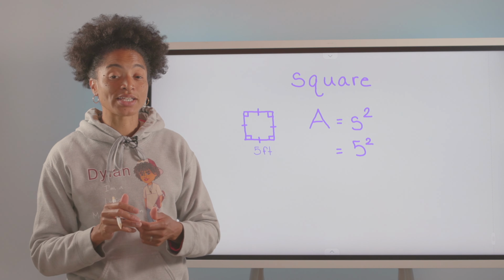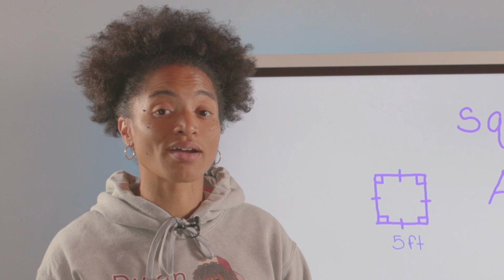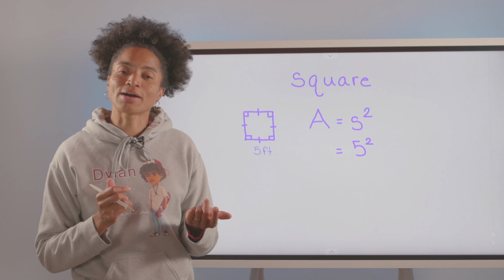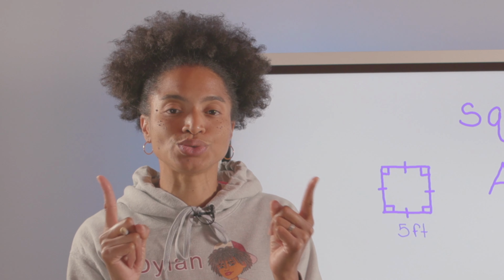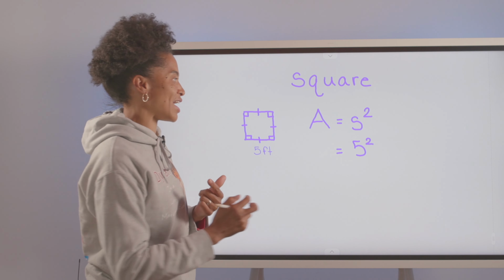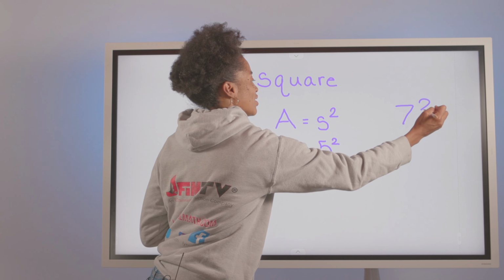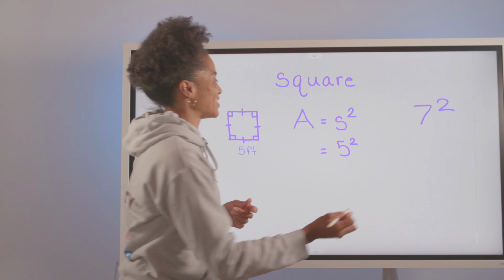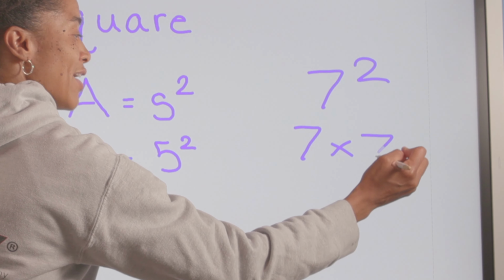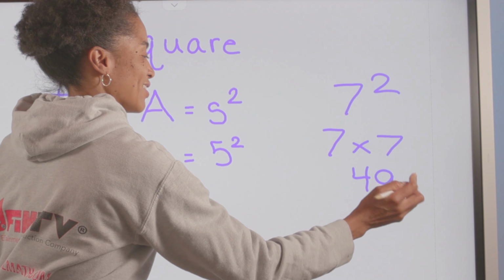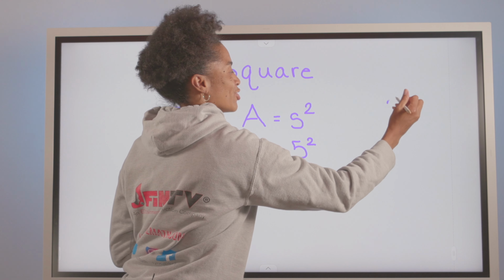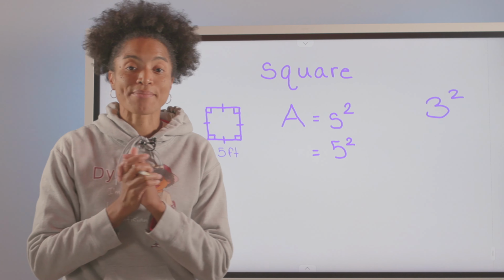Next thing we need to understand is, what does it mean when we square a number? So squaring a number basically means you're multiplying a number by itself 2 times. So if I had 7 squared, that would simply mean 7 times 7, which we know equals 49. If I had 3 squared, what does that mean?